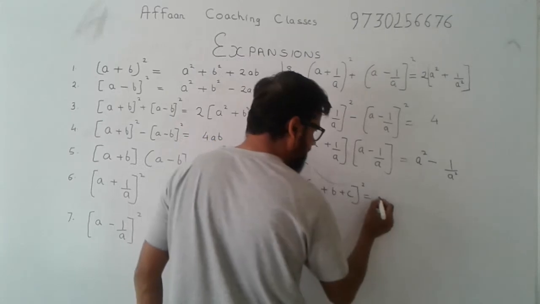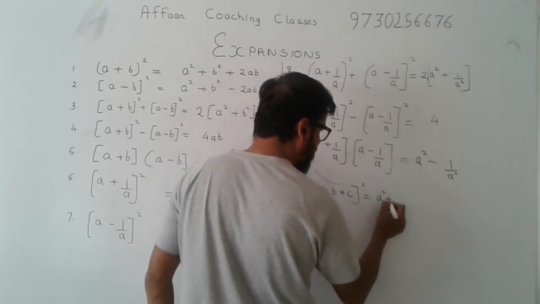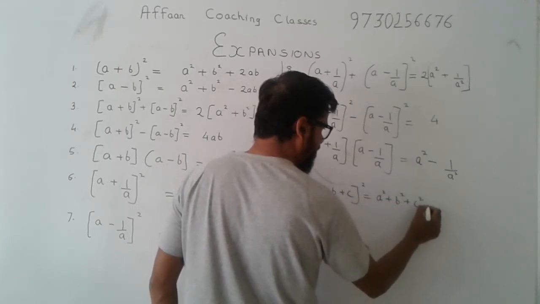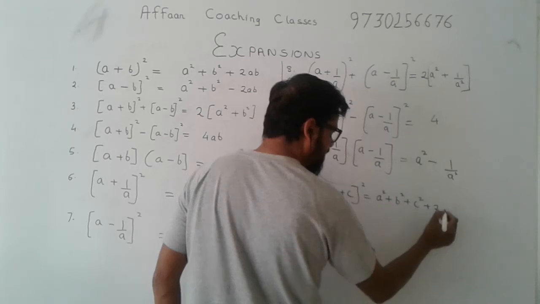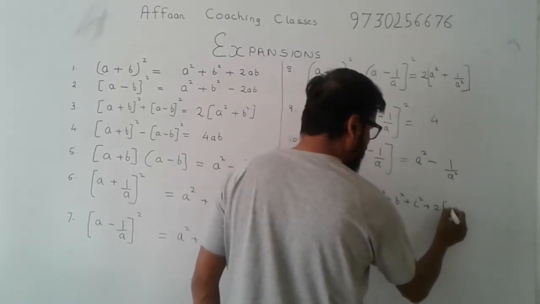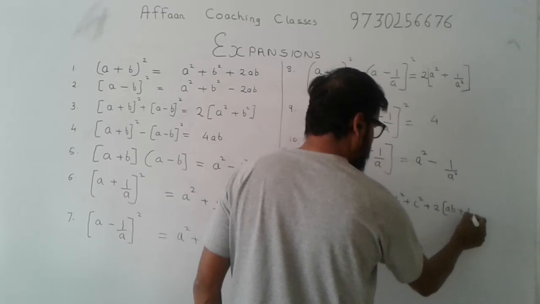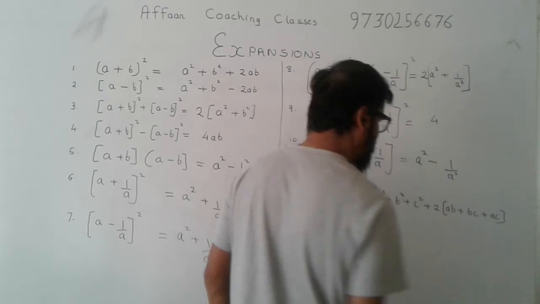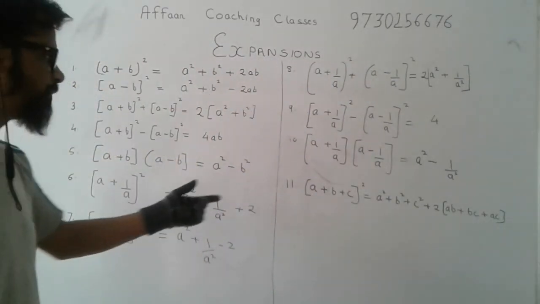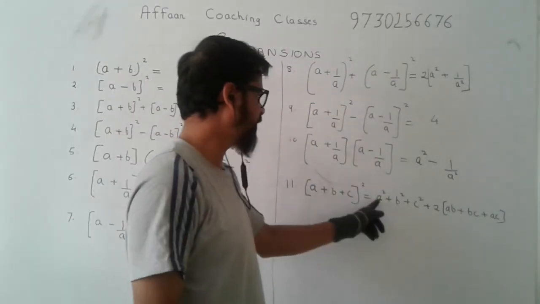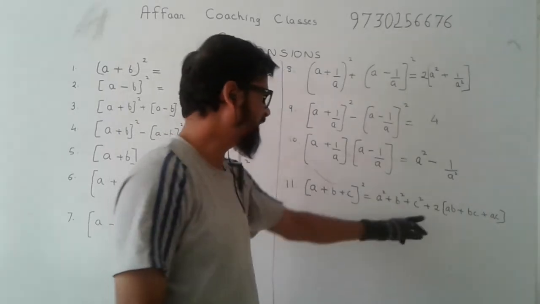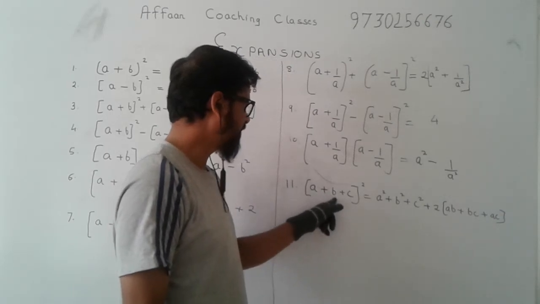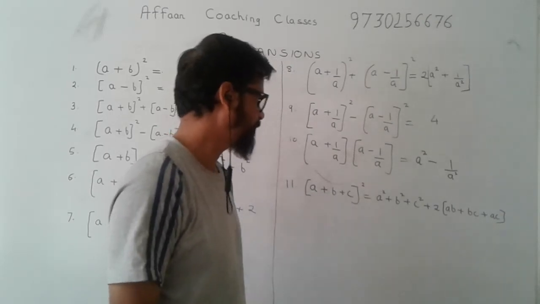So for this you are going to write a square plus b square plus c square plus, taking 2 as common, ab plus bc plus ac. Clear? Remember this: first you have to write the squares with plus sign, then taking 2 as common, you add ab, then plus bc plus ac.